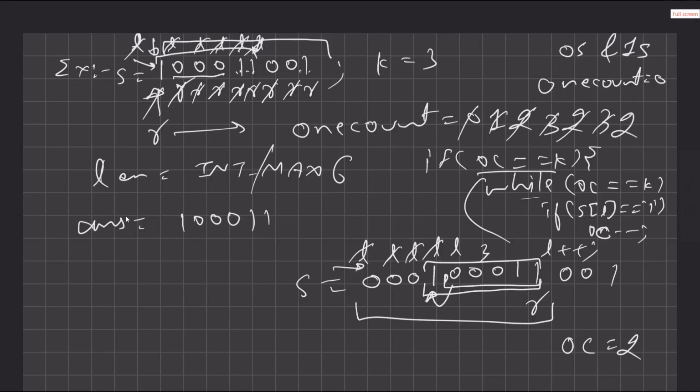So in that case, whatever one you had taken previously should be included in the answer. So whatever left is pointing and right is pointing, your length is going to be r minus l plus 2, right? I think you understood. Let's say this is at index 0 1 2 3 fourth index and left is at the fifth index, 6 7 8.